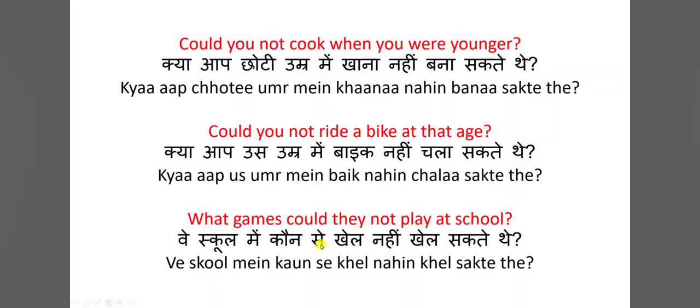Okay, कौन से here represents what. खेल is games, नहीं is not, खेल is play. We have the same word खेल for the verb play and also the noun game. Okay. सकते थे is could.